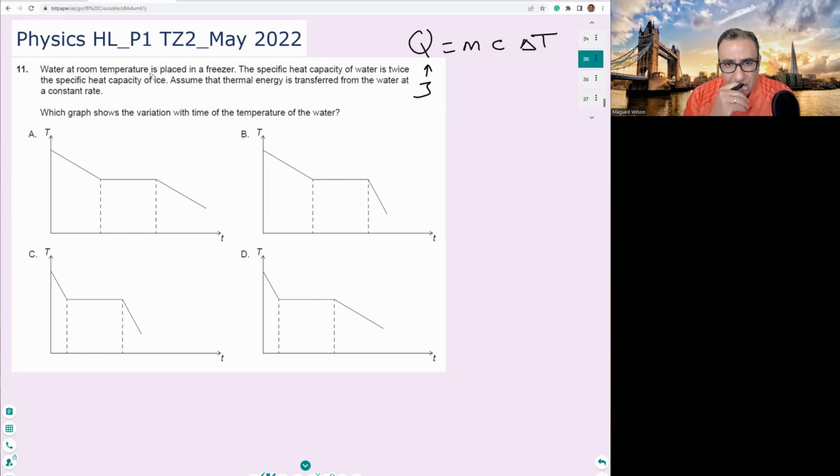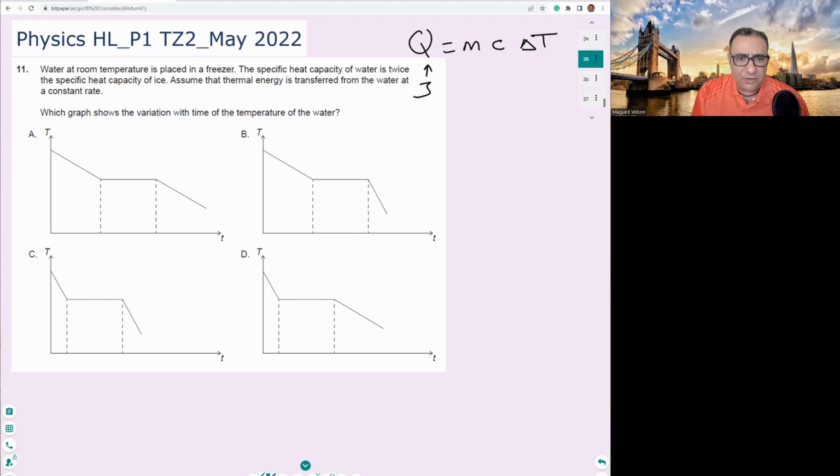Now, there is an important keyword here. I'm going to solve this question using two approaches: a physics approach and a math approach. You can think physics or you can think math, depending on how comfortable you are. Let's start with physics.